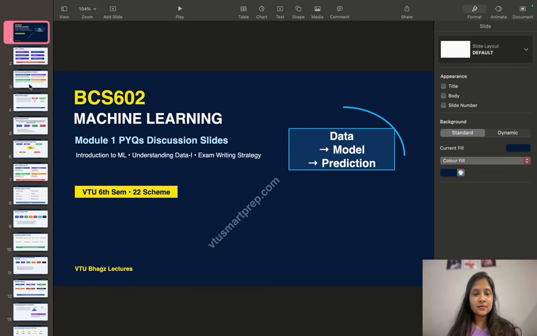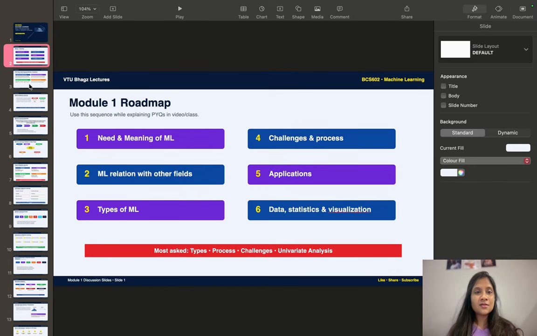So let's get started. This is just the overview for the syllabus of module 1. First, let us understand what is included in module 1. The first part is introduction to machine learning.